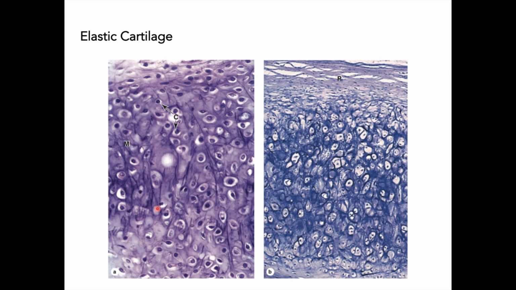So these are stained by your resorcin-fuchsin. Makikita mo yun. Para may mga network siya. So again, elastic cartilage, meron siyang perichondrium, sila ng hyaline cartilage.